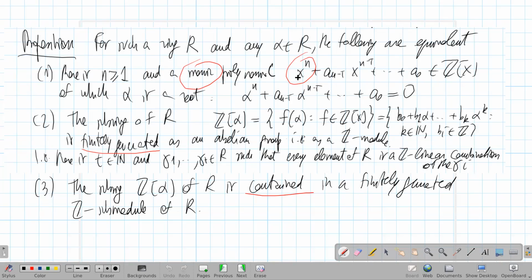The first is that alpha is a root of a monic polynomial with integer entries. The second is that the extension of Z by alpha, that is the set of values of all integer polynomials of alpha, which is a subring of R, is finitely generated as an abelian group, as a Z module.